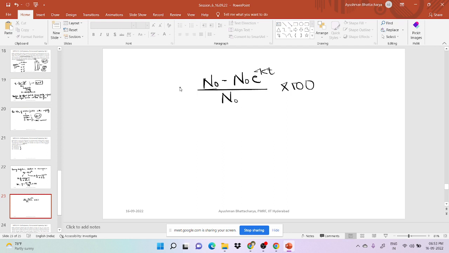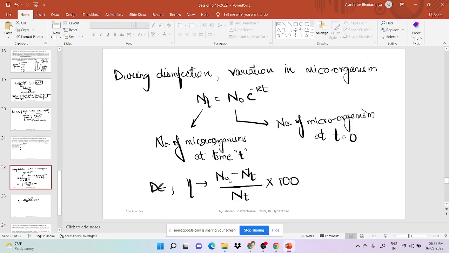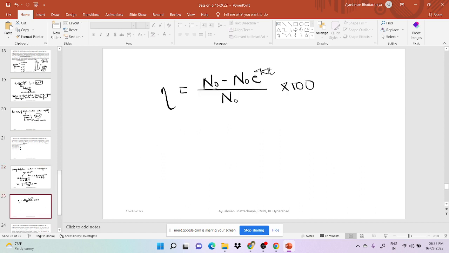Can we write it like that? Because disinfection efficiency is N naught minus Nt upon N naught. We can replace Nt with N naught e raised to minus kt, so the expression comes out like this: N naught minus N naught e raised to minus kt upon N naught.